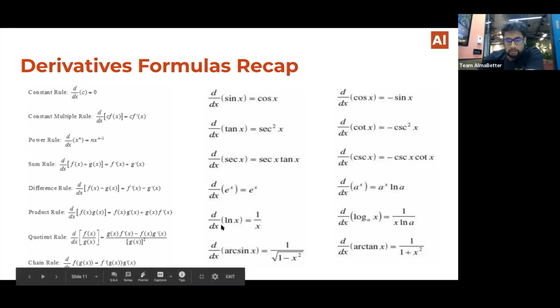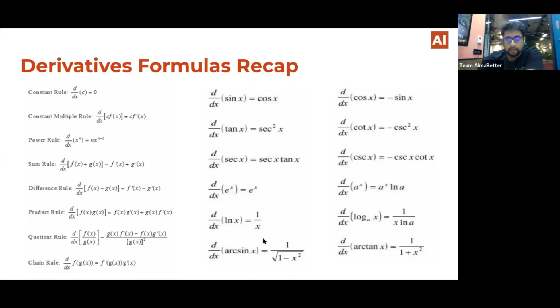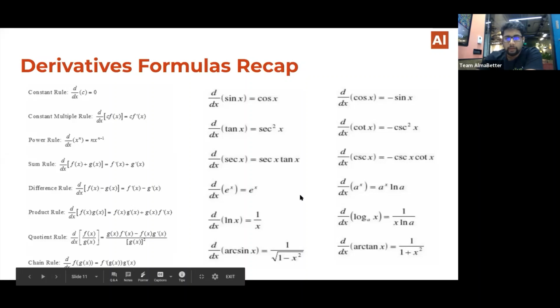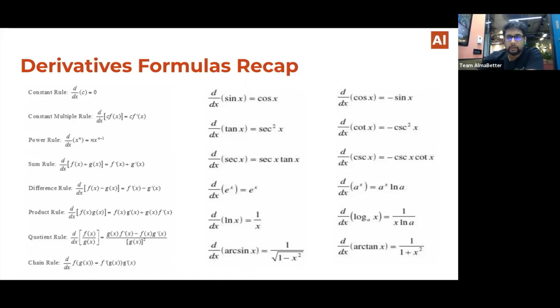And the derivative of ln x is 1 by x. I'll give you 1 minute to revisit these formulas once, because you might need these in the quiz. Just glance through the formulas and try to recap whatever you had learned.